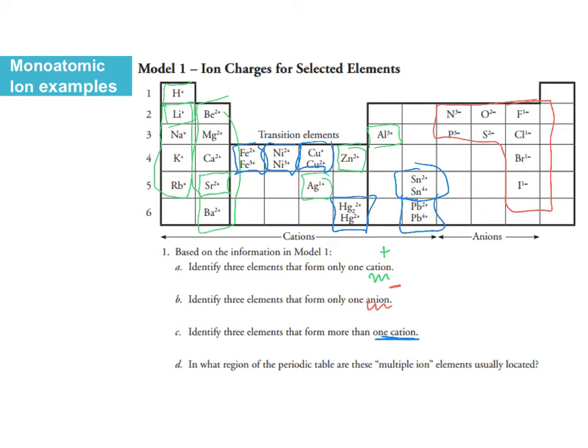Where do most of those fall on the periodic table? This is your transition metals. They tend to form multiple possible ions, whereas generally, if you're not dealing with a transition metal, they only form a single ion. Of course, you can see a few exceptions to these rules, but that's the general trend you can work with.